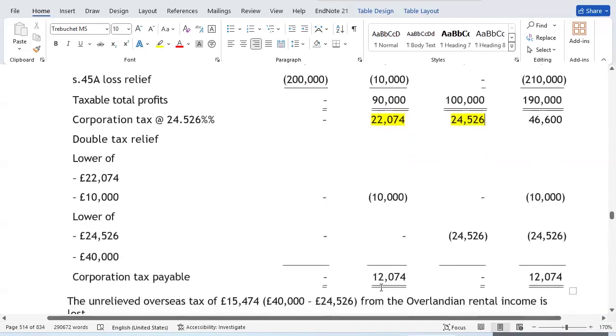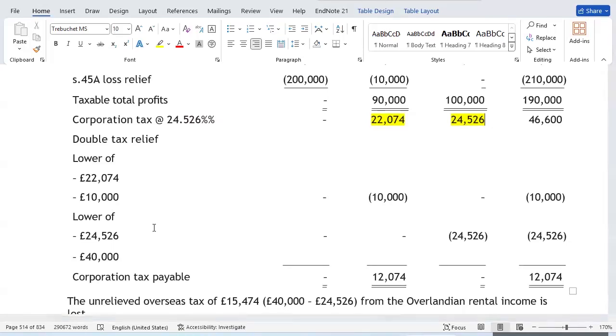So the lower is this. Each one I will compare one by one. I cannot put all 4 together, it doesn't work like that. Each source, compare one by one.